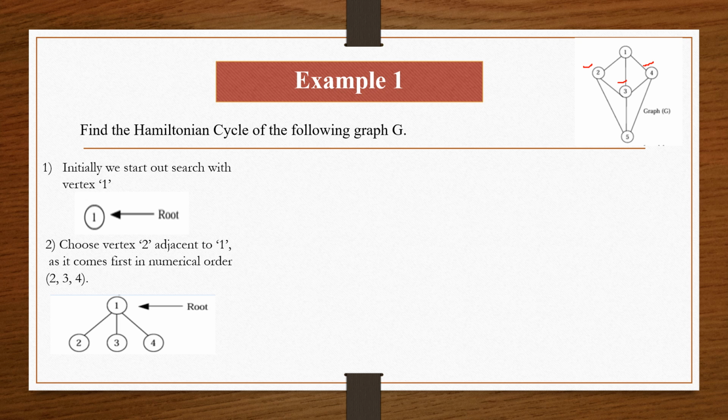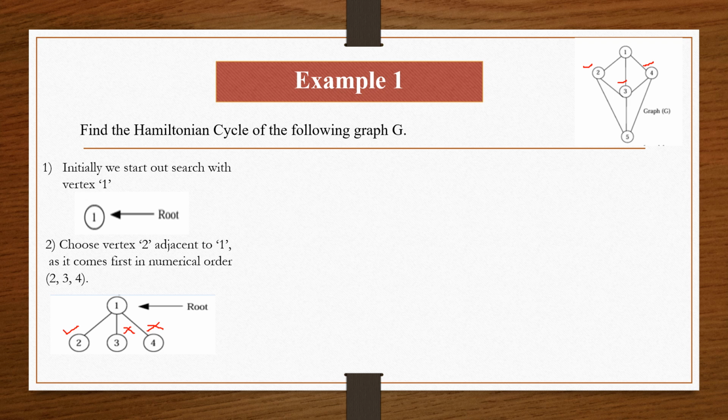So 1 is connected to 2, 3, 4 and now we will start exploring 2. Since we are following a backtracking method which uses depth first traversal, we should not visit 2, 3 and 4 together, because that will happen in breadth first search. In depth first, we have to explore depth wise.